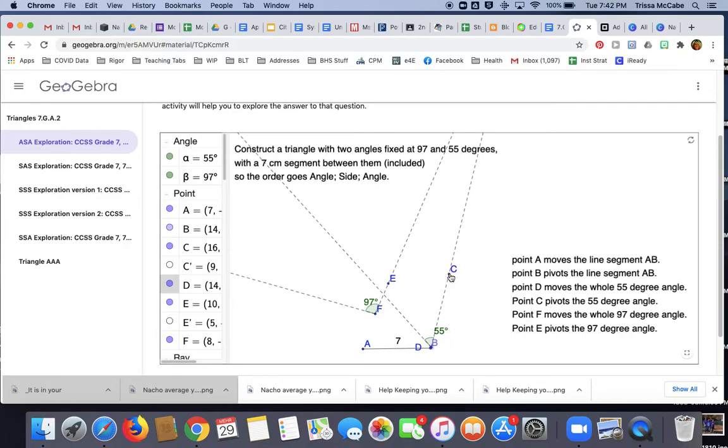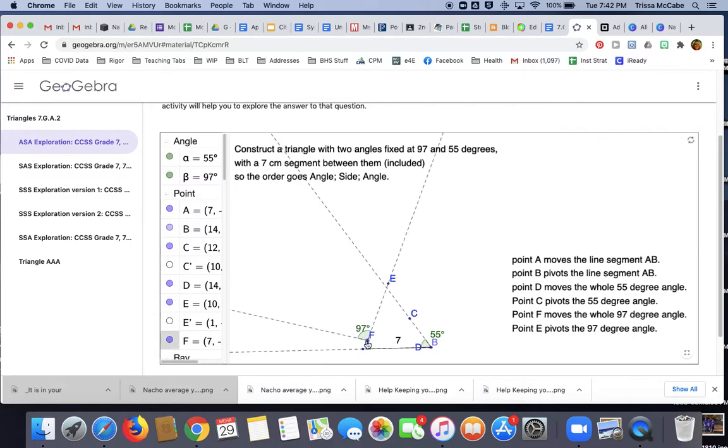And I may have to make some adjustments. I'm going to take this so that my angle is along that bottom 7 centimeter segment. I think that's pretty good. And then I'm going to take this 97-degree angle and I'm going to put it on the other side of this 7 centimeter segment.